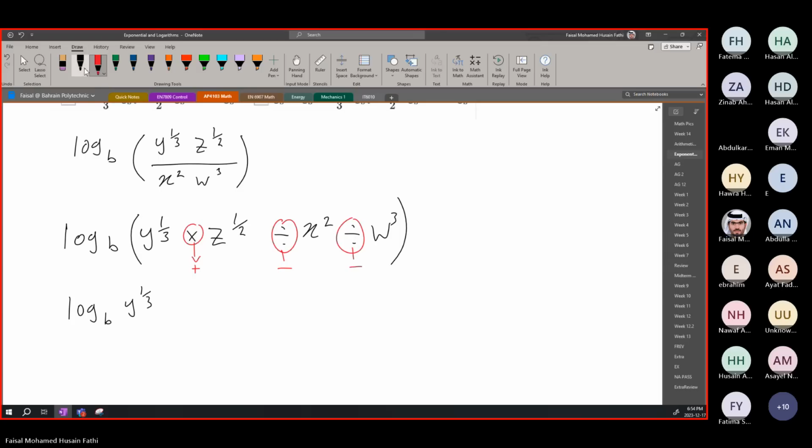So you can write log b y to the 1 over 3 plus log b z to the half minus log b x squared minus log b w cubed.